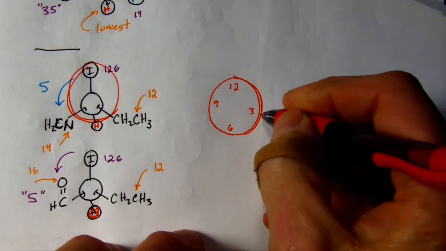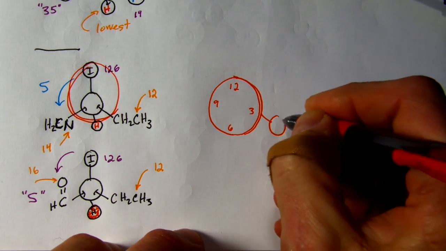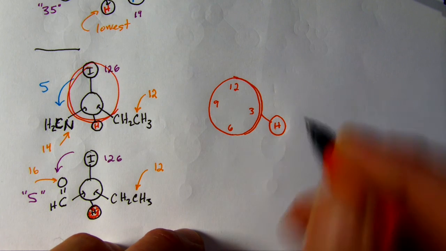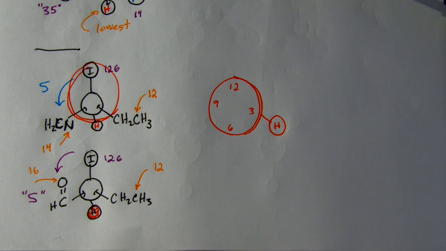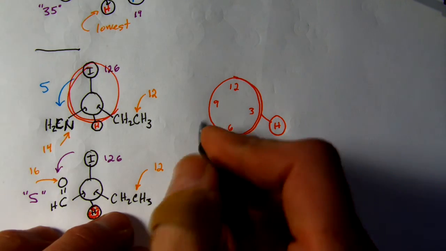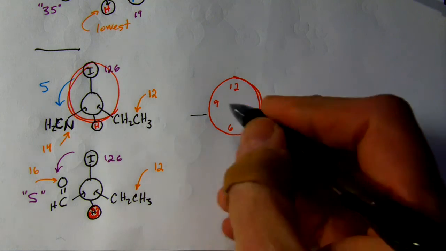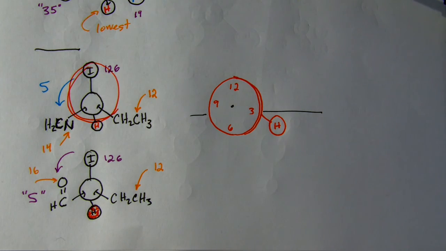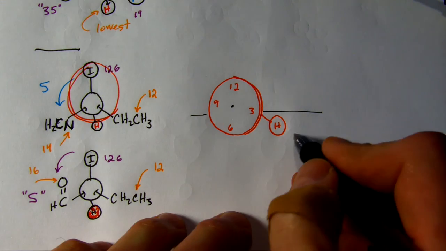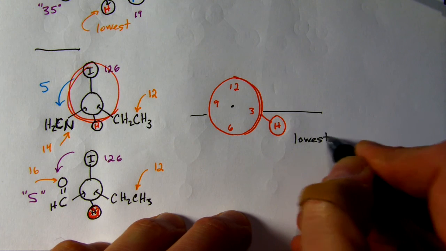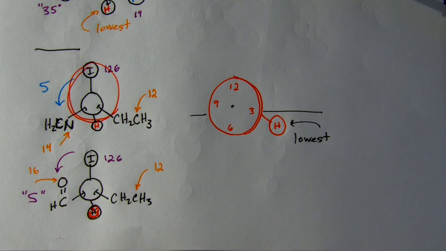But let's take that hydrogen as some kind of a support in the back. Okay, so that now you can see that there's some kind of depth, for example, so that little H is propping up this little clock here. Okay, so that's the idea, that that's always going to be the lowest priority if you have H. Okay, if you don't have H, then you pick something else with other low priorities. So that's the basic ideas involved with R and S configurations.